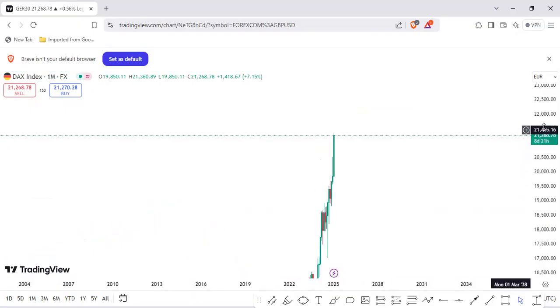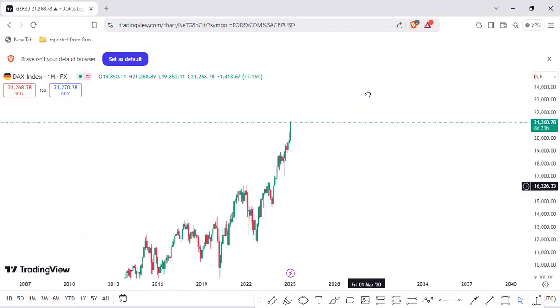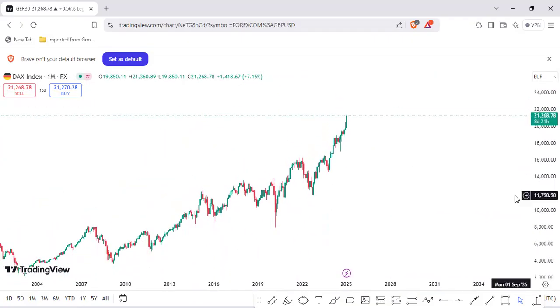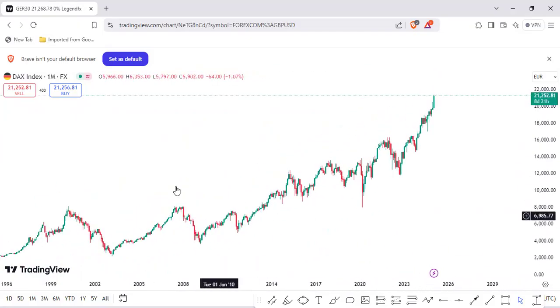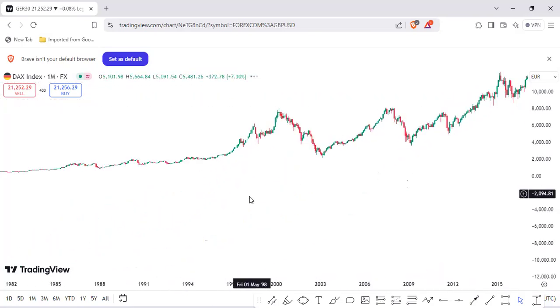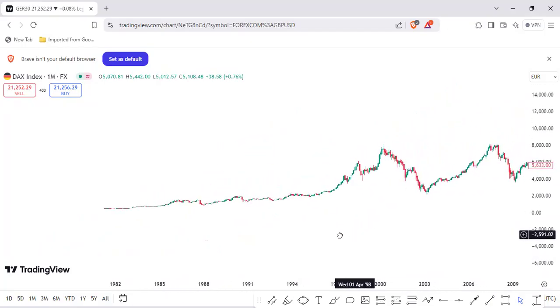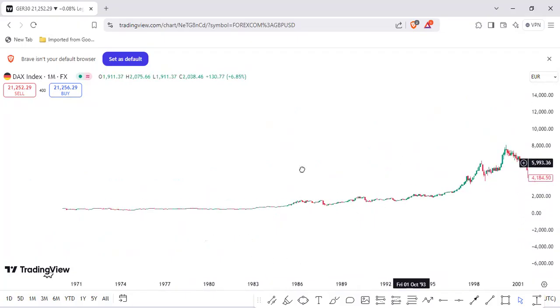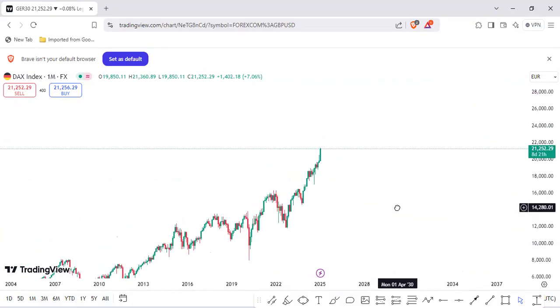You can see that GER30 and S&P 500 have a similar trend, which means that most of the time S&P 500 is always in the uptrend, and same with this GER30. From the creation of this GER30, it has been up, up, up. If you check way back, you'll be able to see that GER30 has been in a massive uptrend.